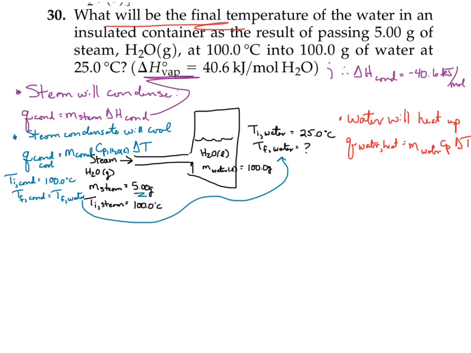Your third term, obviously, is the Q associated with the water changing temperatures. So the water will heat up to a final temperature. That little 5 grams of condensate will cool down to that same final temperature. Now in this case, we go back to it being an insulated container, so the Q of the system is equal to 0.